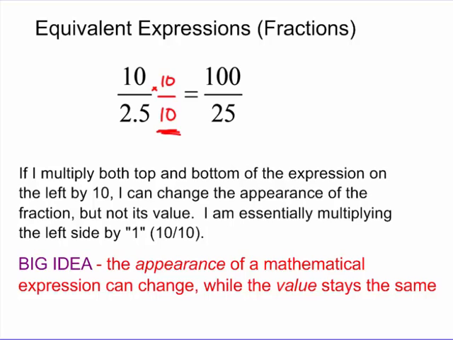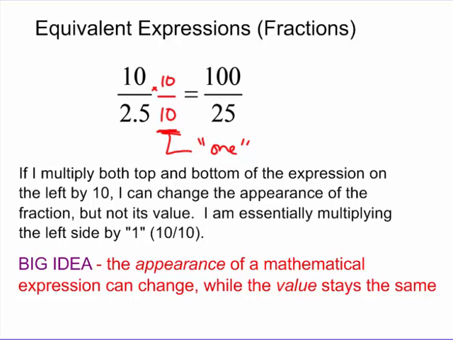And what I need to concentrate on is this piece right here. 10 divided by 10 is actually the same as 1. So I'm multiplying the left-hand side by 1. And if I do multiply the left-hand side by 1, I don't actually change the magnitude.